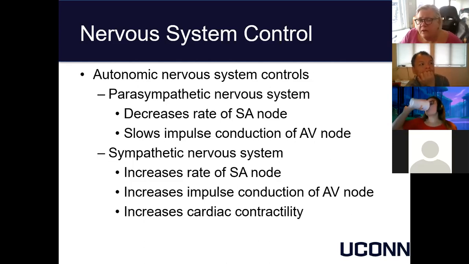It also increases cardiac contractility. And again, to me, sympathetic is always fight or flight. That's where things start revving up and start moving. So that's how I remember when you have a sympathetic stimulus, fight or flight, heart rate goes up, anxiety, things like that. That's going to increase heart rate.